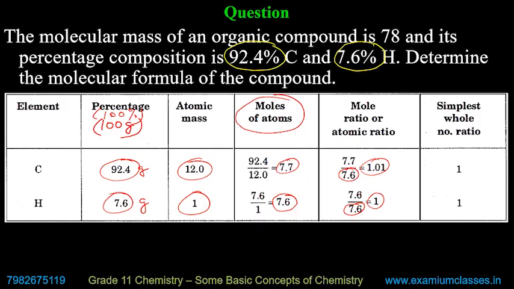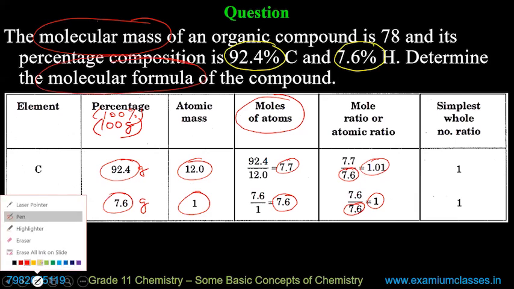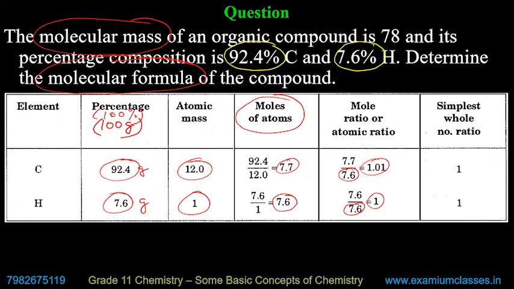Now the question is not about empirical formula. The question is that molecular mass is given and you need to get the molecular formula. If you remember, in the previous class I told you that when you convert empirical formula to molecular formula, there is a factor by which you need to multiply the empirical formula. And that factor is molecular formula mass divided by empirical formula mass.